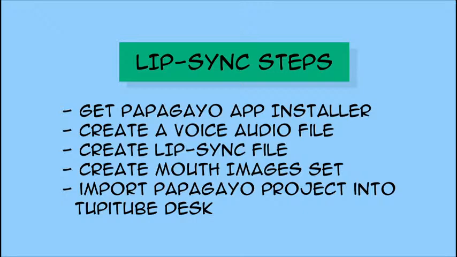For this example, we are going to try just a word. We're going to try a character saying hello, and that's it. That's all we are going to do today. A character saying hello. So as I mentioned before, let's create a voice audio. To do that, what do we need?